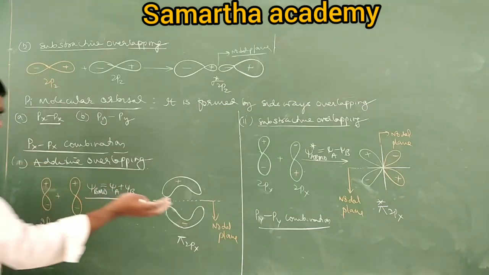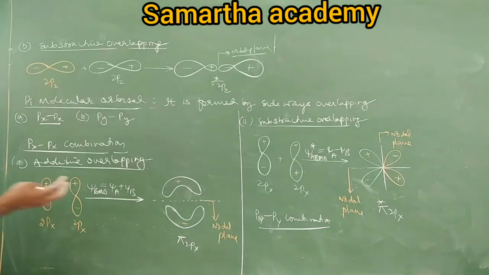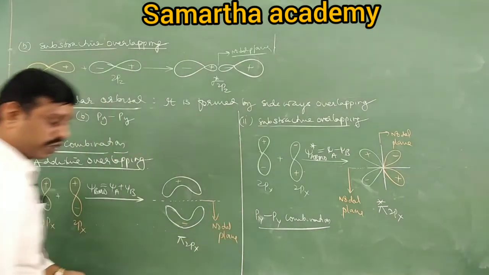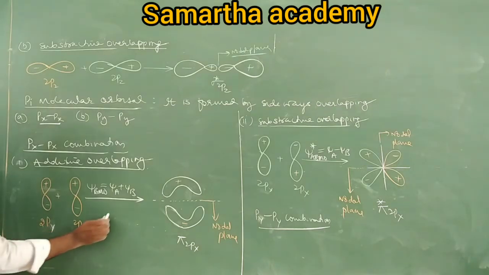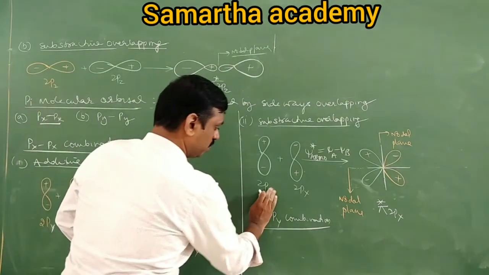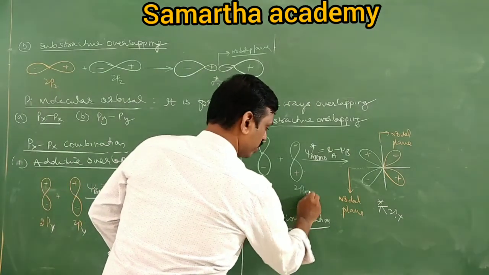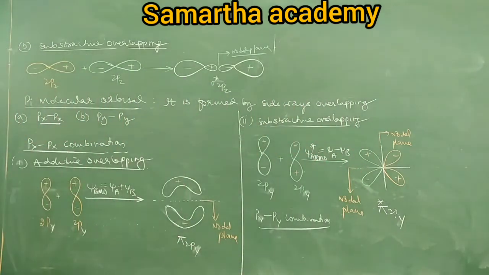So Py combination is exactly similar to Px, because Px is also perpendicular to the internuclear axis, and Py is also perpendicular to the internuclear axis. Therefore, in place of x, if you write y, it becomes that only. Take it as it is. You write another diagram, but I am showing here only. Everything is the same because Px and Py both are perpendicular to the internuclear axis.